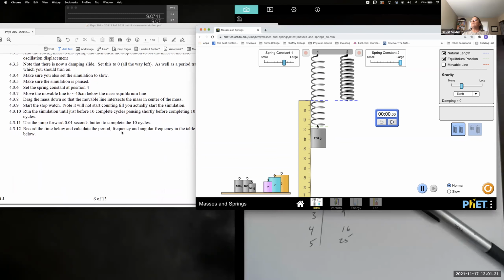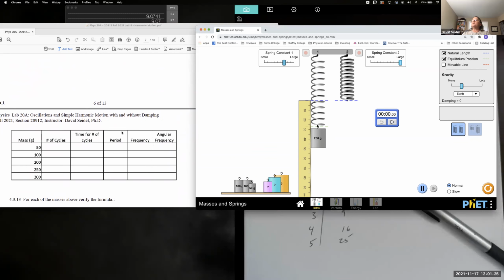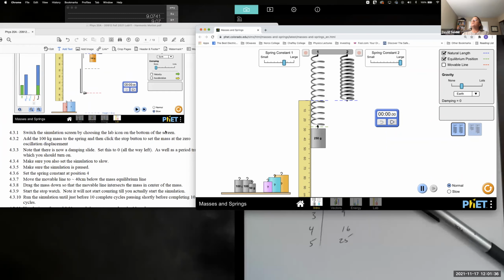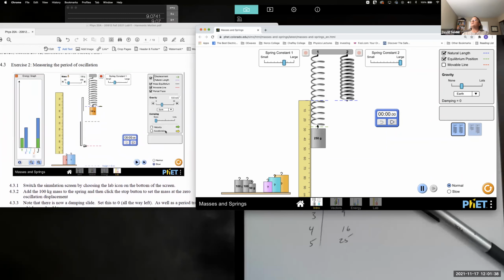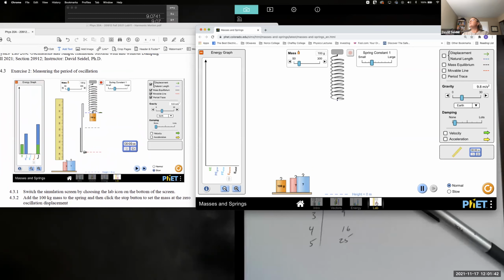Okay, now we can do this the same way for each of these masses. You can do a number of cycles. Okay, on this one, we're now going to switch to the lab.